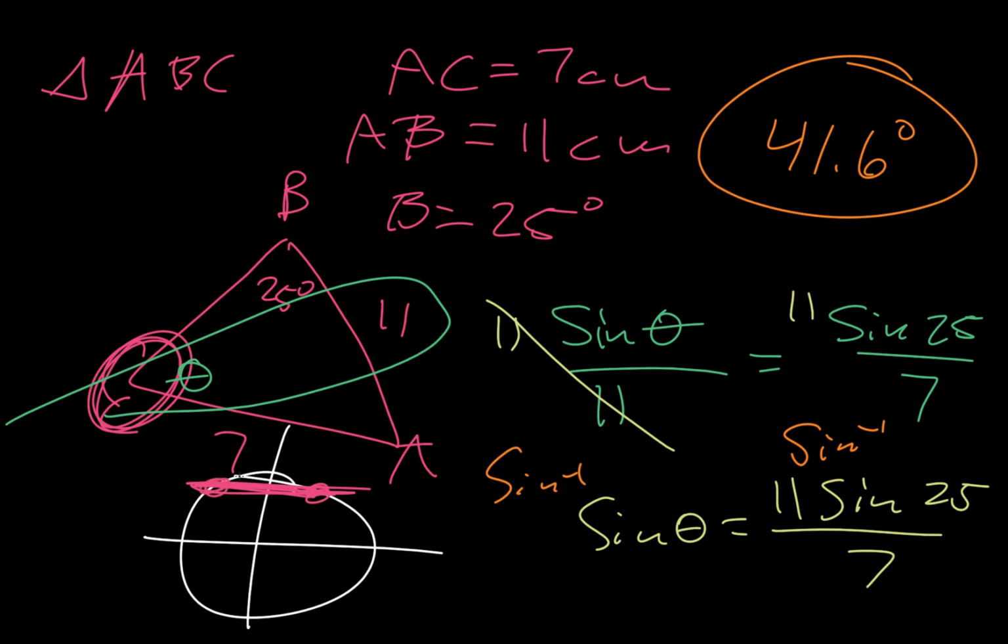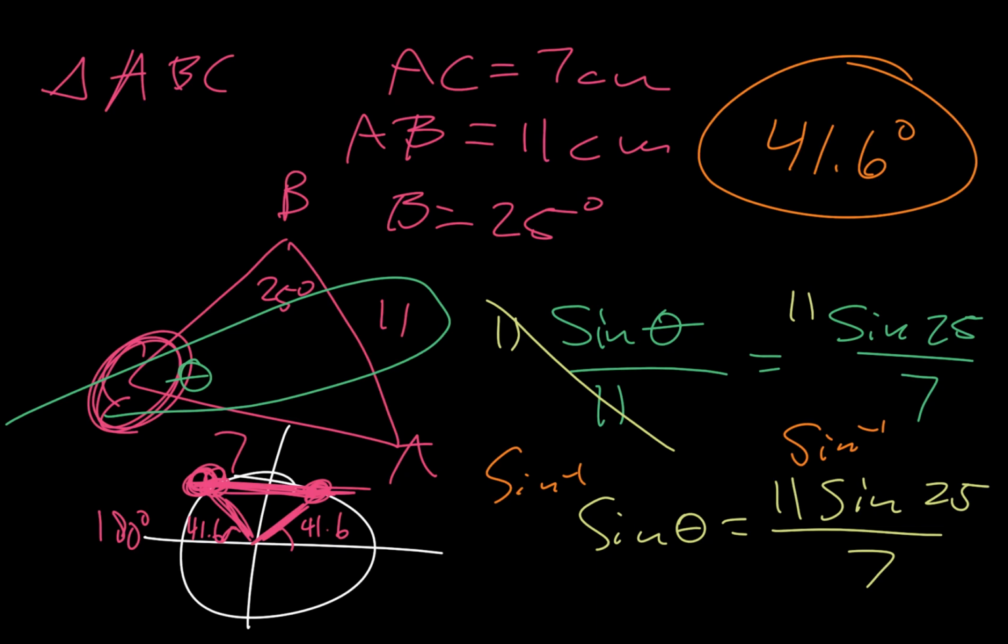And so what we need to do is say this angle would be 41.6. This angle would also be 41.6, and half of the unit circle is 180. So if we do 180 subtract 41.6, that will give us this other angle measurement.